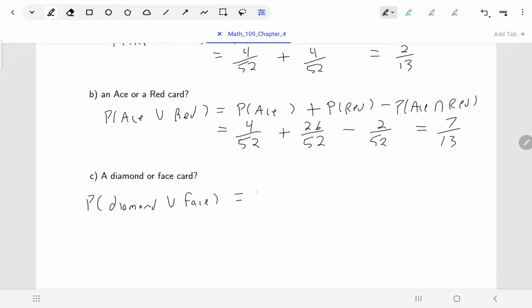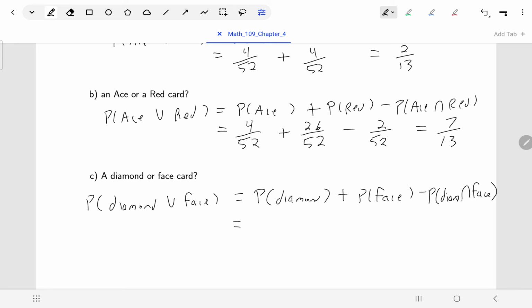So I will need to use the first version of the formula that has the subtraction. I'll find the probability of selecting a diamond, add to it the probability of selecting a face card, and then subtract the probability of the overlap, the probability of getting a diamond that's also a face card.